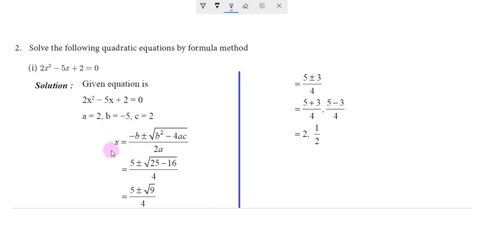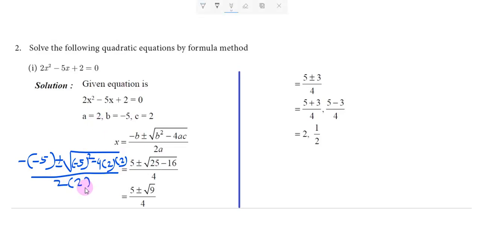I write as it is: minus b value, this is minus of minus 5, plus or minus root of b square, the value minus 5 the whole square, minus 4 times a value 2, c value also 2, whole divided by 2a, so 2 into a value 2.